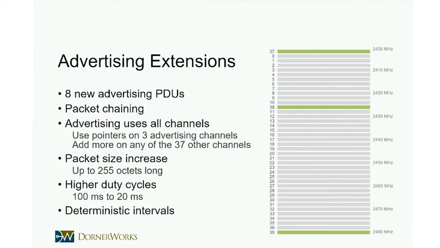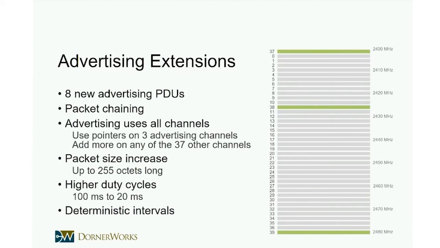So they added the idea of packet chaining. In one packet, you could tell the scanner, hey, listen to channels 20, 23, and 27, and you're going to find more data from me. And they allowed you to transmit a lot more data that way by chaining all these packets together using the various advertising channels.